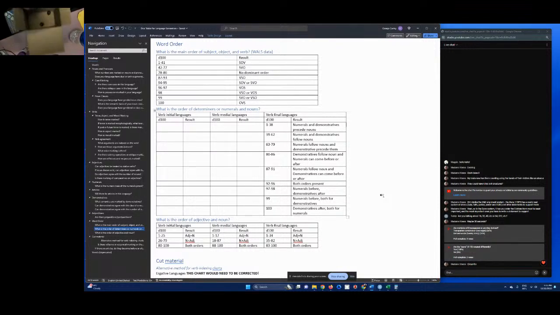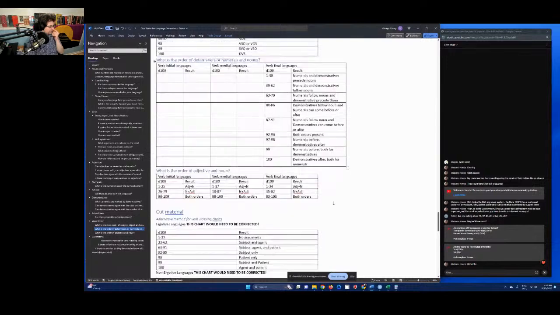And that's a 20. 28. And according to our table here, for verb final languages, 1 to 34 is adjectives also precede the noun.